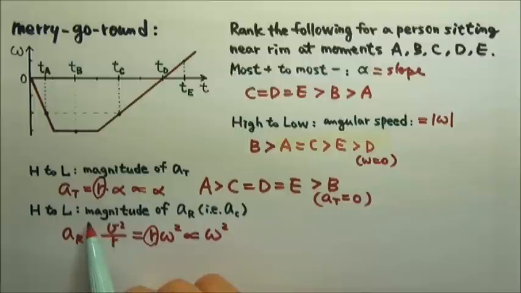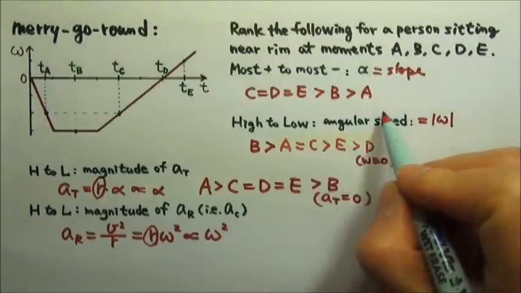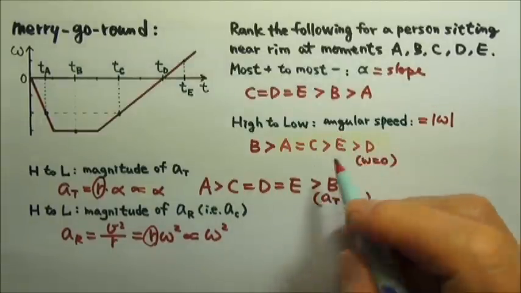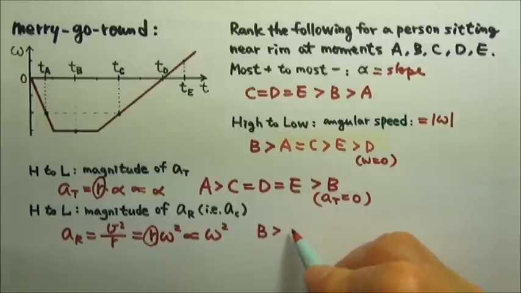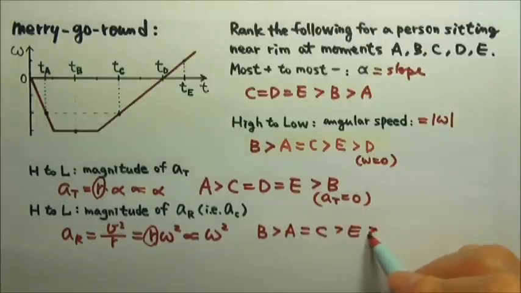So to compare the magnitude of the radial acceleration, we just have to compare the magnitude of omega, which means we're just comparing the angular speed. So the answer is the same as that. B is bigger than A equals C, and then E, and then D.